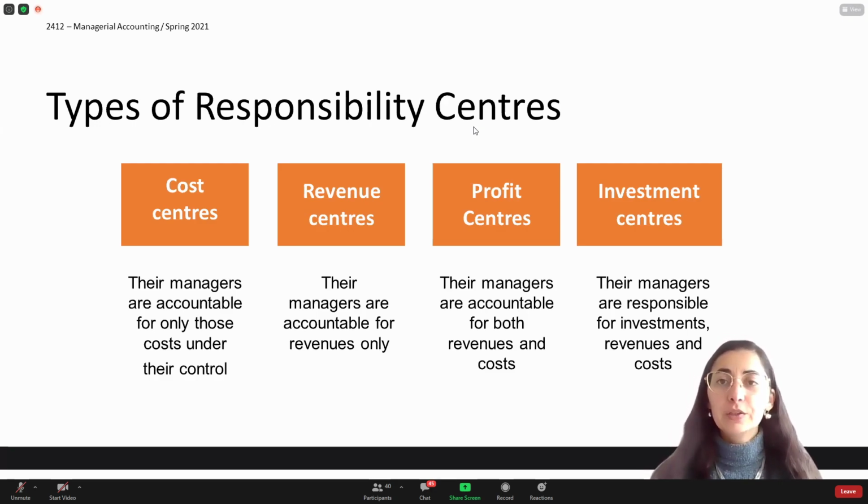Okay? So when we think about a manufacturing company, a cost center can be, for instance, the factory. The manufacturing manager is responsible for the costs incurred in the factory. A revenue center can be, for instance, the sales department. There is a sales manager that is responsible for the sales, and they only have responsibility over the revenues.